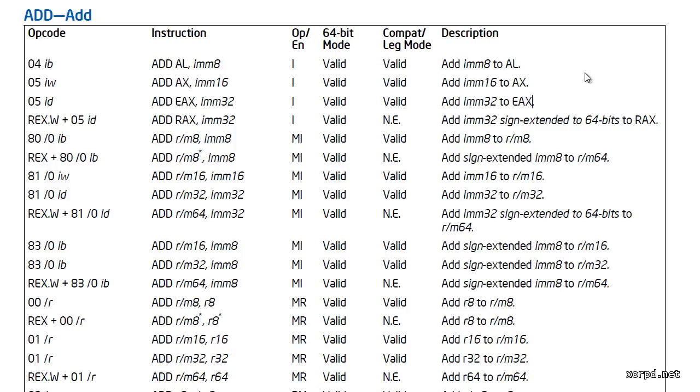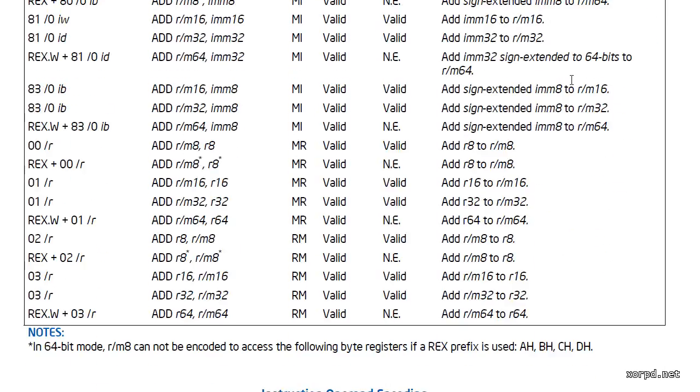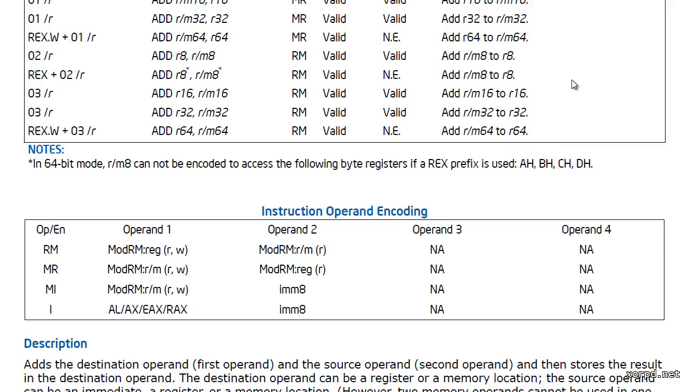Let's move on to see what more is written about add. Here we have some description about how to encode the operands. We don't really care about this at this point, but just know that this is here.